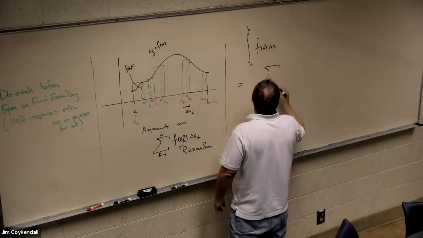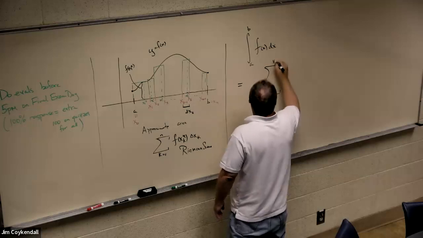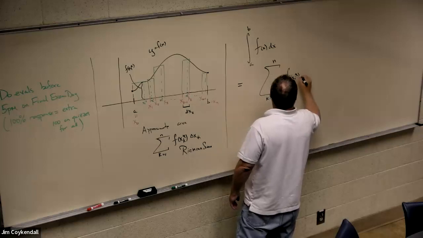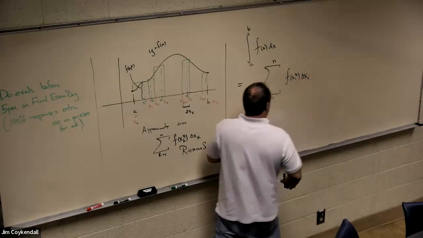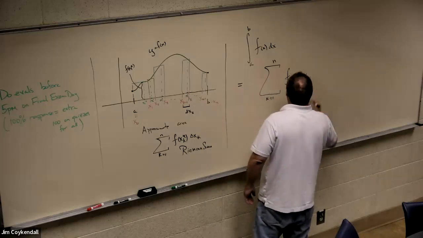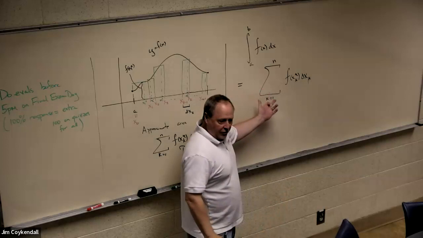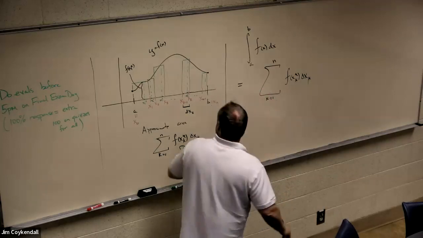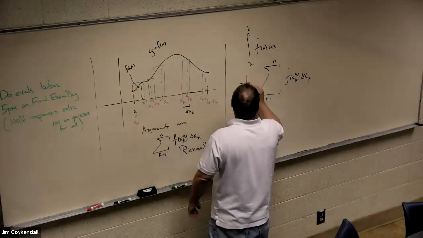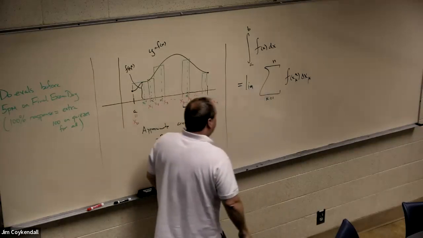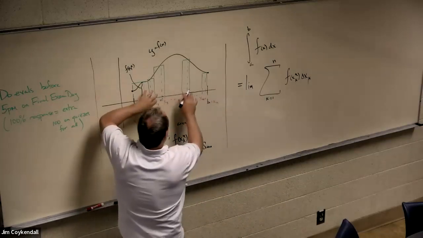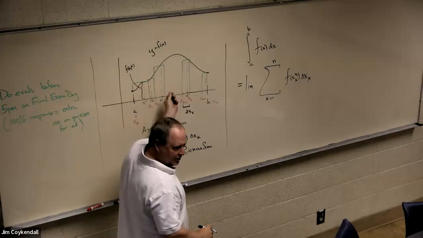Well, it's just one of these Riemann sums, but we want to have more and more boxes, with some kind of limit. We're filling this up with more and more boxes, right? These are too fat, let's make them skinny.